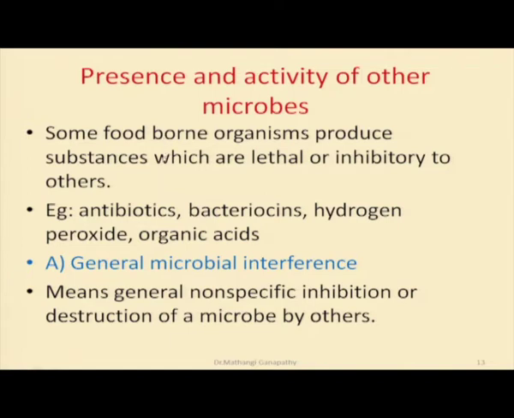These components secreted by the microbes, we call either antibiotics or bacteriocins. For example, some will produce hydrogen peroxide, some produce organic acids. But whether it is an antibiotic or a bacteriocin or hydrogen peroxide or an organic acid, each one of them has an inhibitory capacity to inhibit the other microbes which also dwell in the same food.